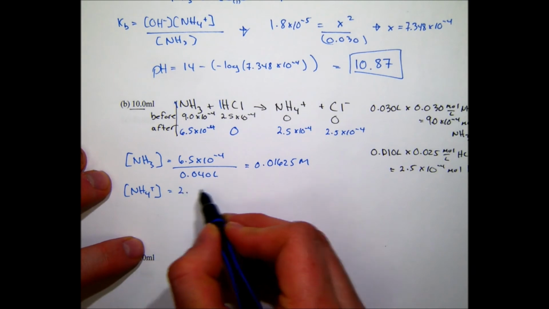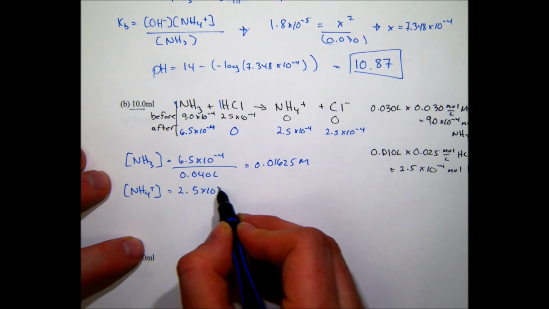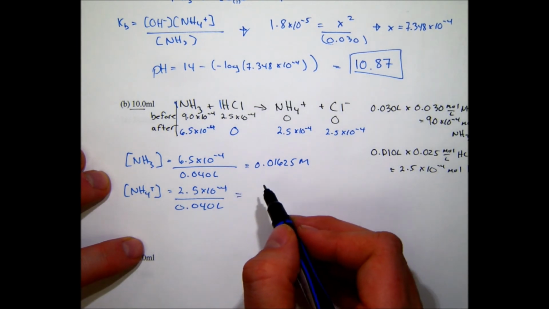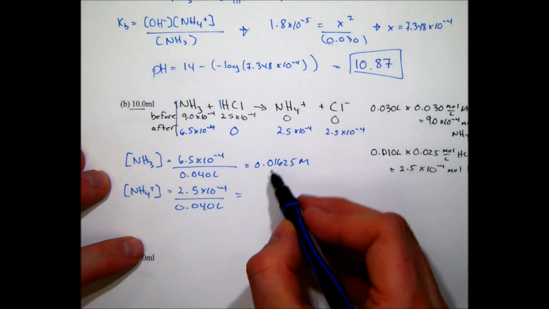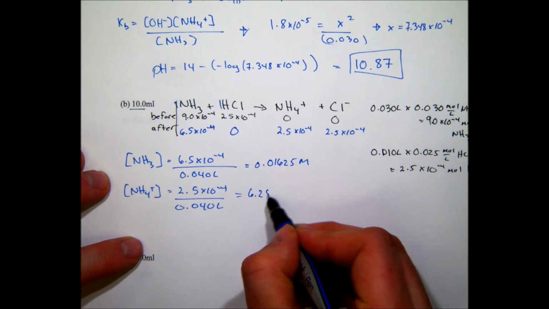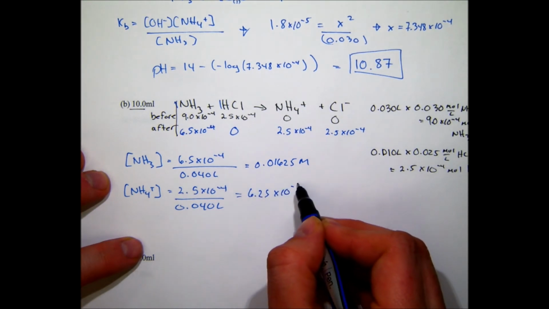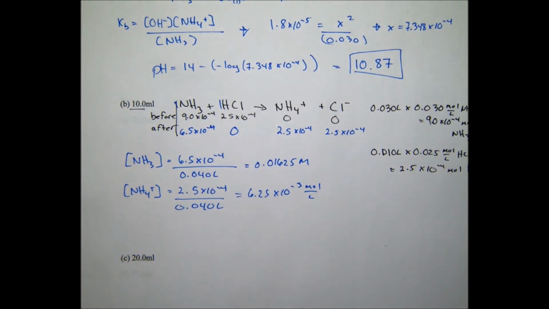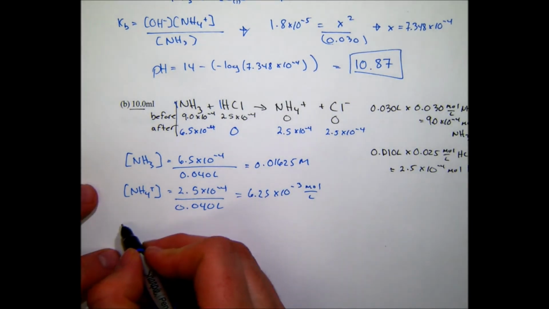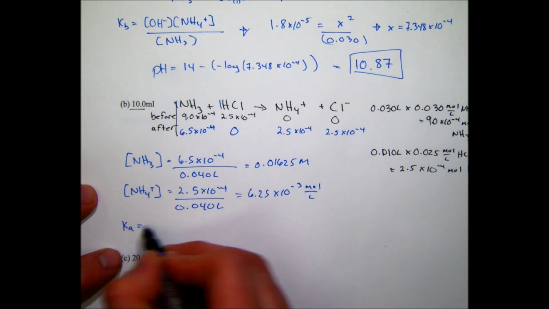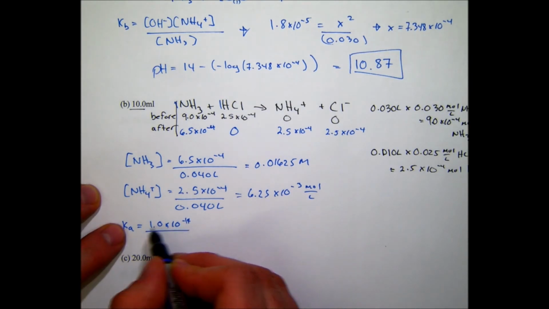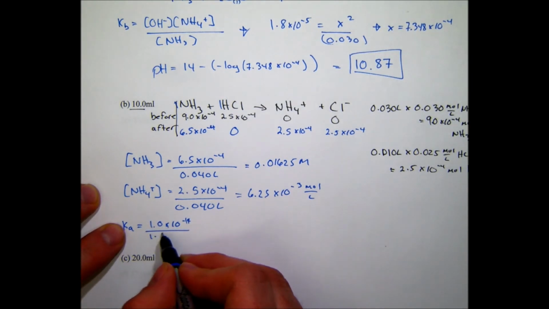is 2.5 times 10 to the negative 4 over the same volume, because they're in the same flask. And that's 6.25 times 10 to the negative 3 moles per liter. Finally, we have to figure out what the Ka is. So Ka is equal to Kw divided by Kb.